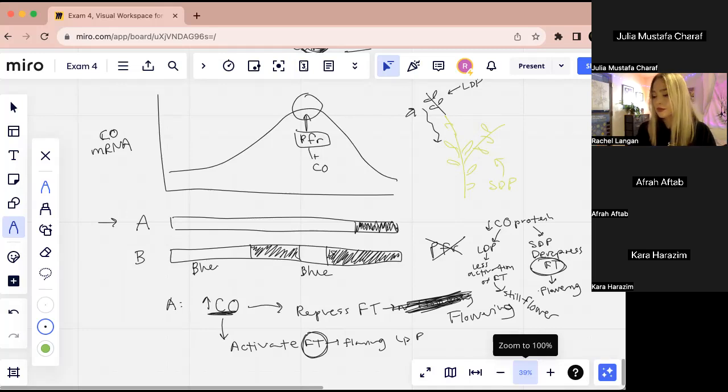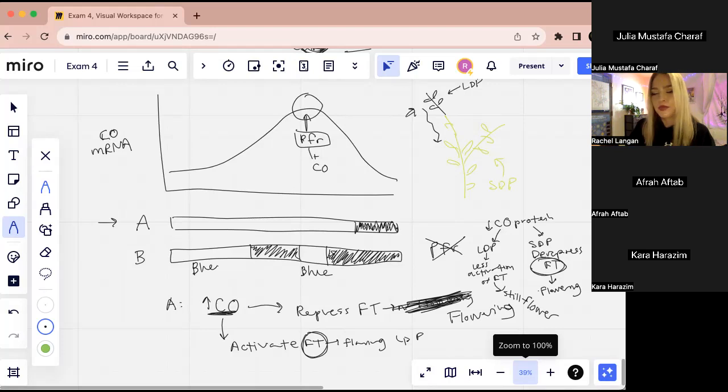I just wanted some clarification as to how PFR and PR relate to the CO. How does that affect the CO? That's a great question, and it's so complicated in real life. But in 220, we're saying the PFR stabilizes the CO protein. So if PFR is around, CO protein is made.